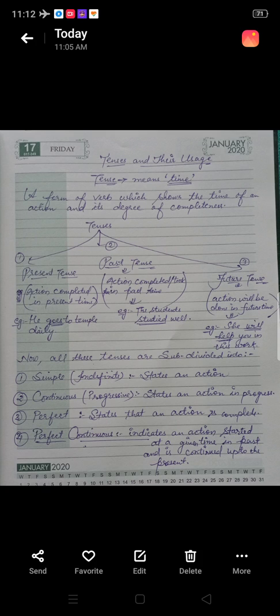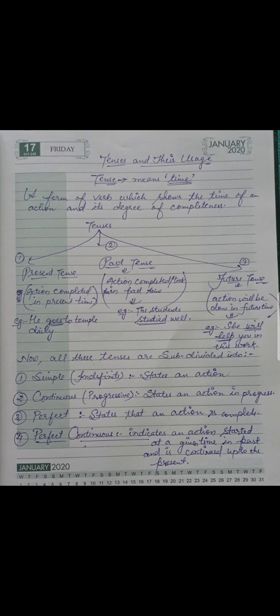Fourth one is perfect continuous, which indicates an action that started at a given time in past and still continues up to the present. Past से चलता आ रहा है present तक, then it is a perfect continuous tense.